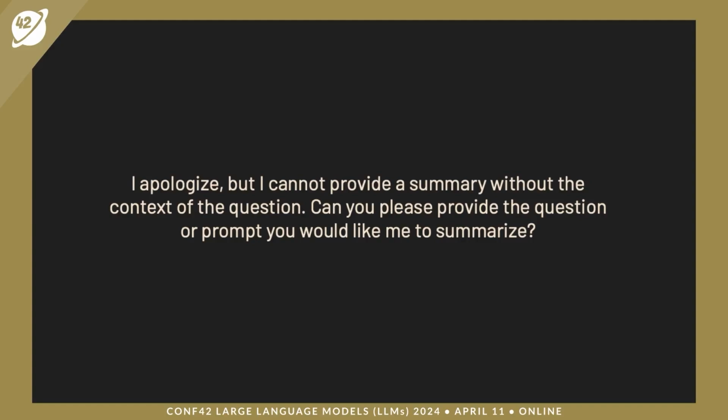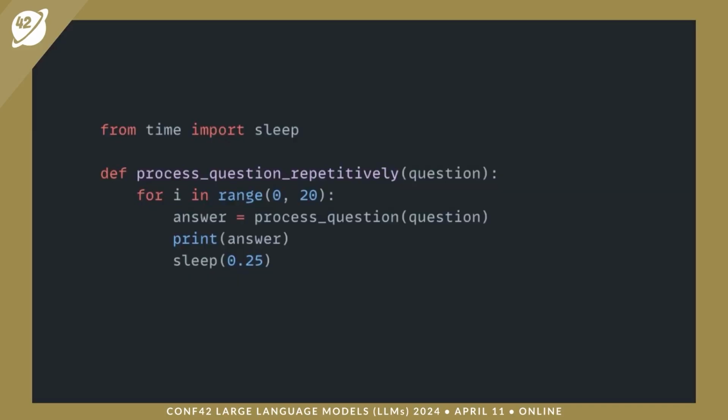So as you can see, the process question function has a flaw. It basically assumes that when you provide an input, you would get the same exact output. Given a certain level of randomness, it's best to wrap that function, having something like process question repetitively, where we try the process question function multiple times. In this case, maybe 20 times.